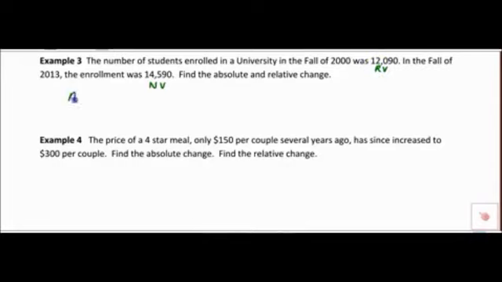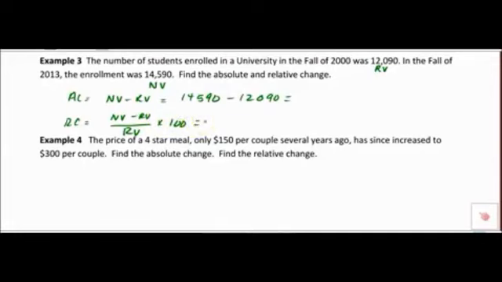And so the absolute change is the new value minus the reference value. Well, the new value is 14,590 students. The reference value is 12,090 students. Just subtract that, and that gives us the absolute change. And to find the relative change, it's that new value minus the reference value divided by the reference value, but we're going to multiply it by 100 to get a percentage.